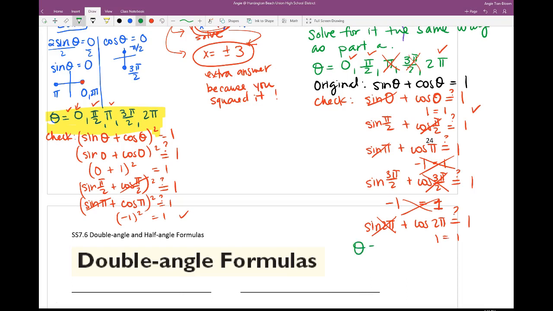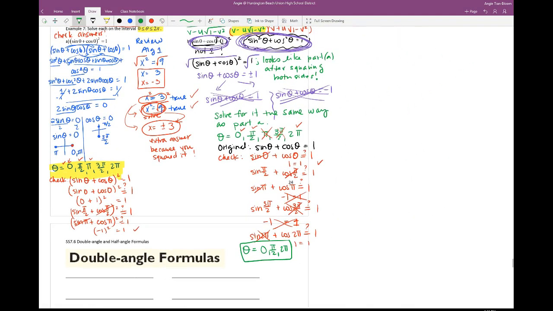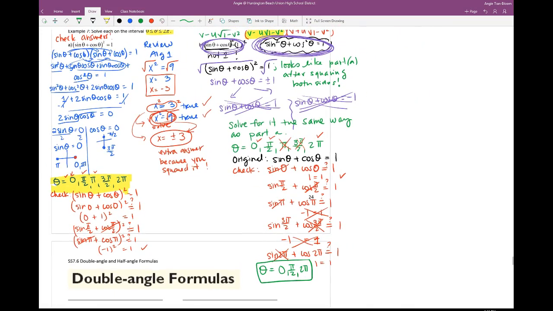What is going on with part B? There are only 3: 0, pi over 2, and 2 pi, and these are the only ones that you can keep. So let's see the difference. The difference is that in part A, we didn't have to square both sides, so that's why there were no extra answers.